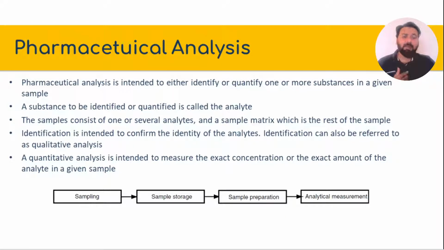Substances in the sample matrix that can cause problems or interference are also removed. Now, after ensuring the sample preparation, the analytical measurement is performed, where the analyte or analytes are identified and quantified. So now the question is how to specify the quantities and concentration.